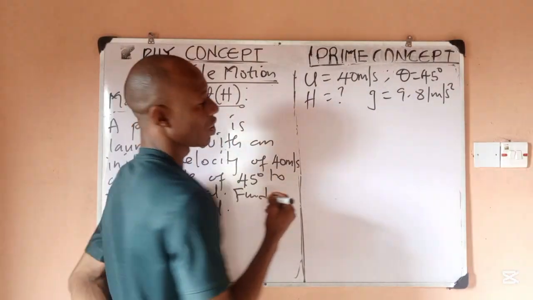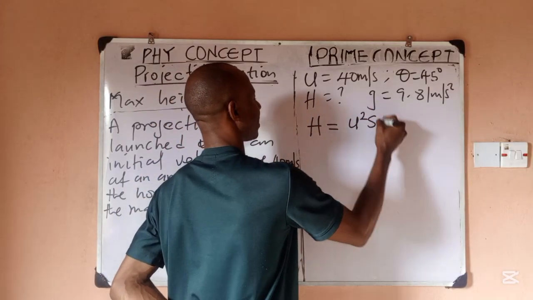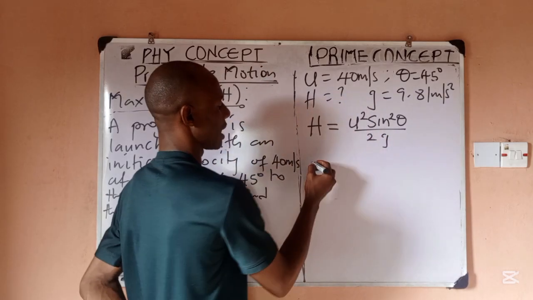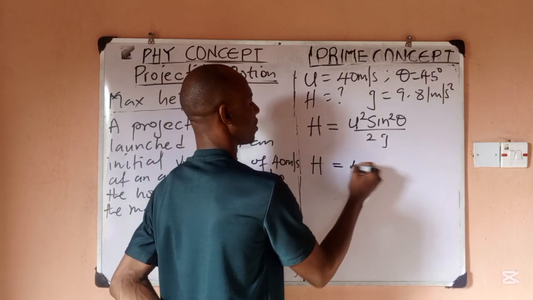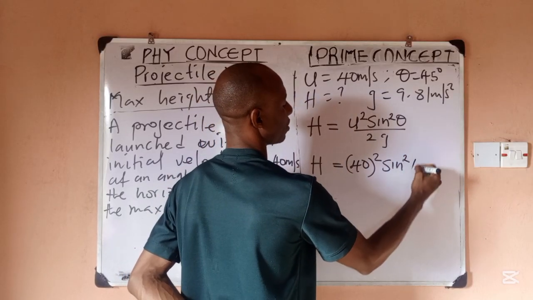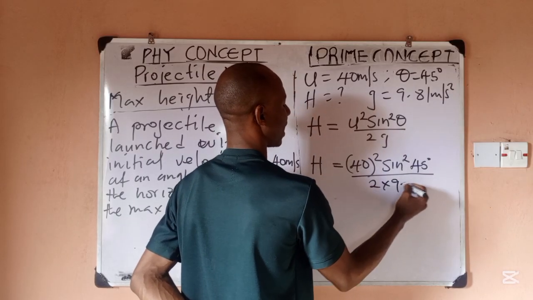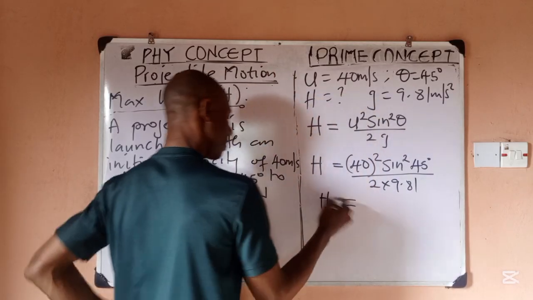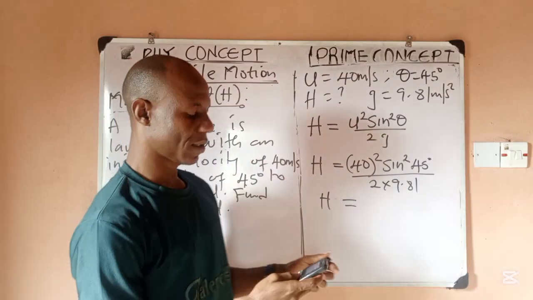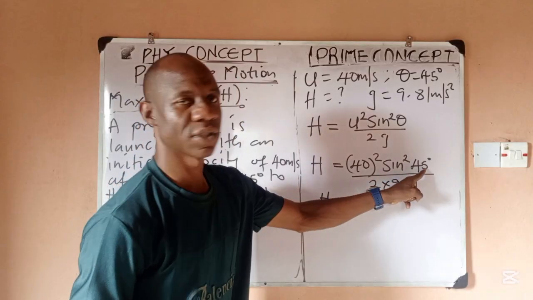Now from our formula we just derived, you'll notice that h is u squared sine squared theta over 2g. So I can find that h becomes 40 squared sine squared 45 degrees, divided by 2 times 9.81. How do you actually punch this? First, what you want to do is to punch sine 45.